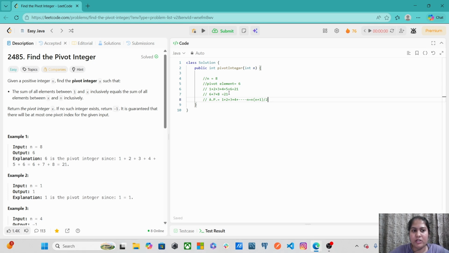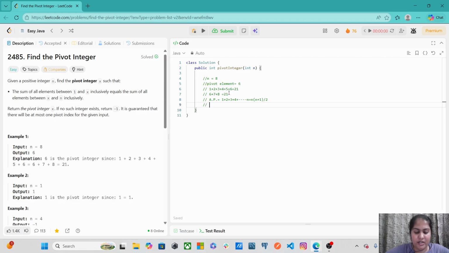Now we want the pivot integer, that is the middle where the sum from 1 to x is equal to the sum from x to n, including 1 to x and x to n. What could be our approach, guys? As soon as we calculate the total from 1 to n, our pivot integer actually becomes the square root of the total, or we can say the total is equal to the square of the pivot integer.